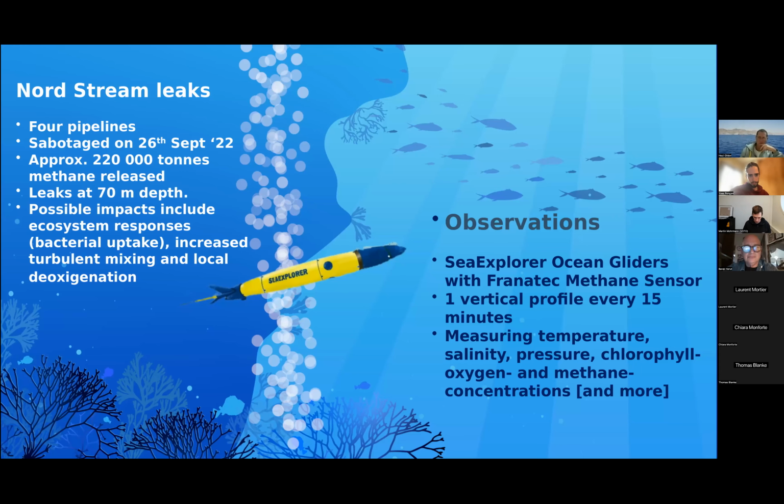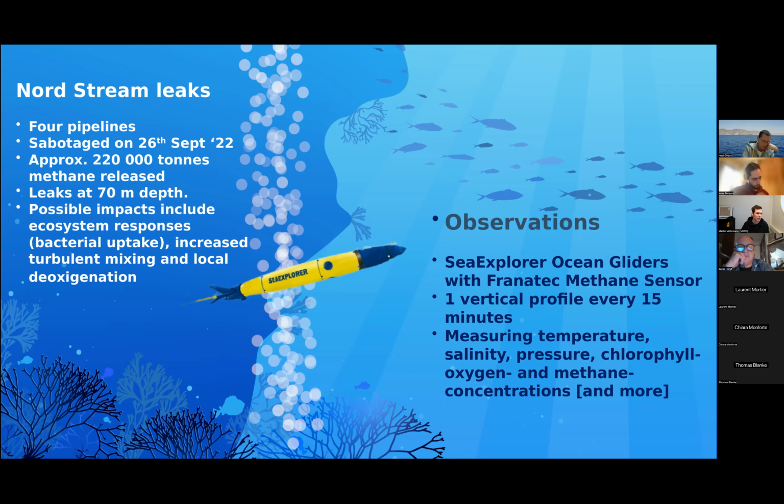The Nord Stream consisted of 2 double-strand pipelines, so 4 pipelines in total, and they were built to transport natural gas from Russia to Germany. They were sabotaged on the 26th of September in the Bornholm Basin at about 70 meters depth.